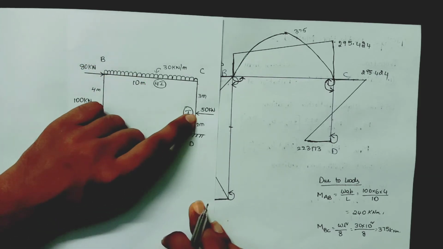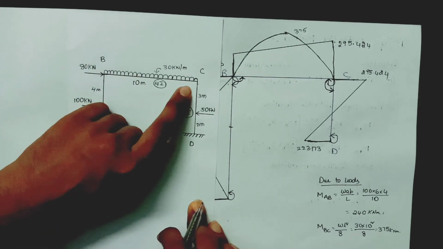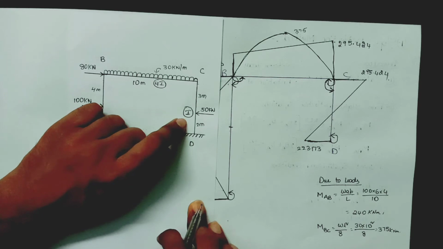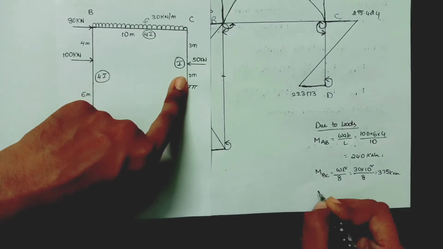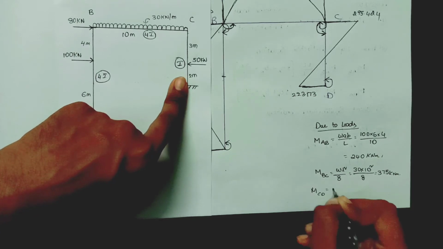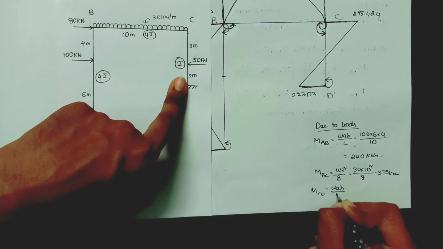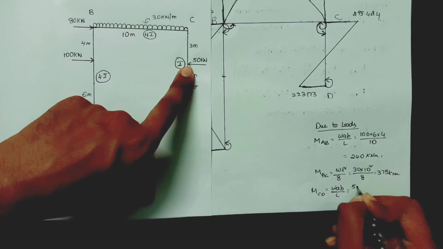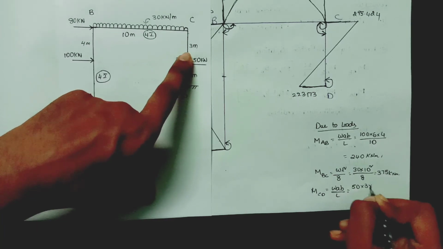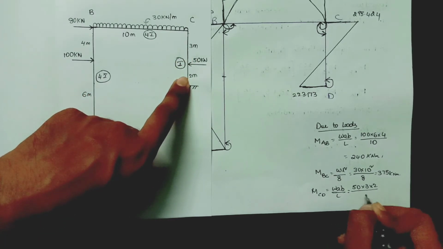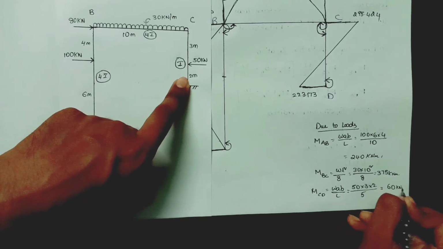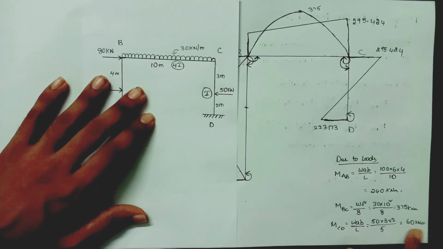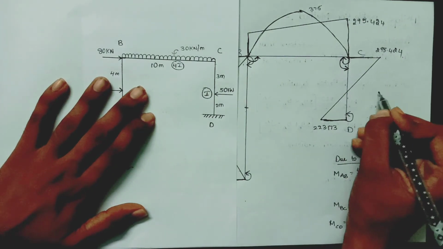So the maximum moment will be W into A into B by L. A is 3 meters and B is 2 meters. Now MCD equals WAB by L. W is 50 kilonewton, A is 3 meters, B is 2 meters and length is 5 meters. Now the value is 60 kilonewton meter. So I am indicating this 60 kilonewton meter somewhere here.